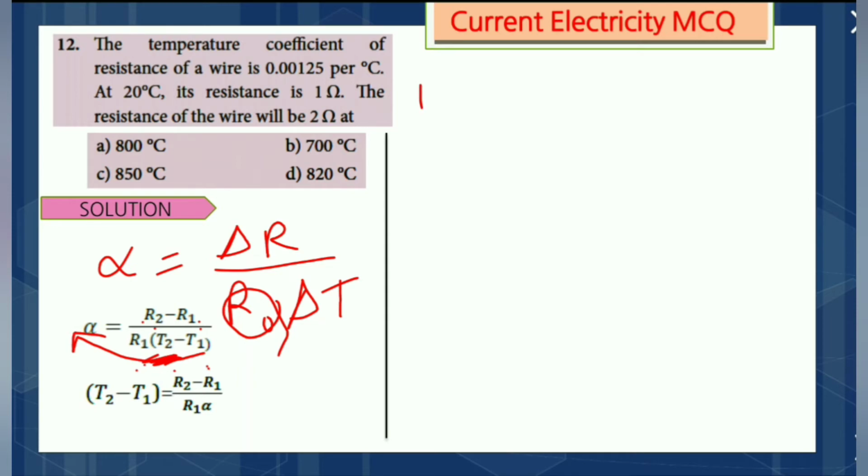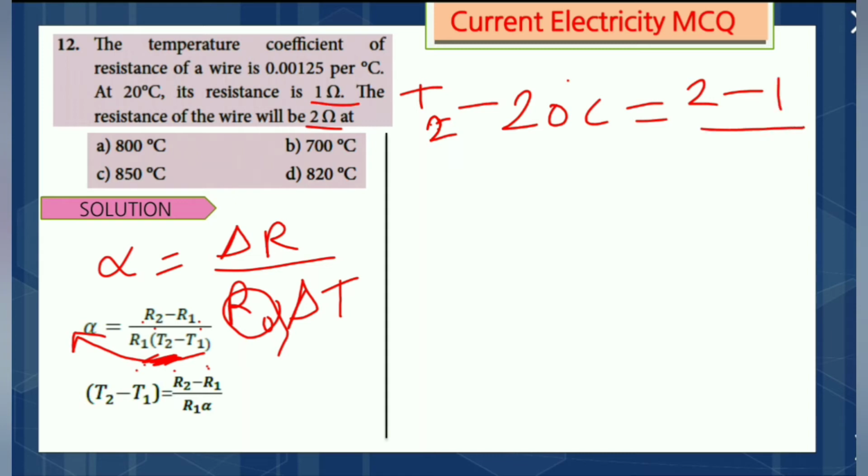T2 minus T1, which is 20 degree Celsius, is equal to R2, which is 2 ohm, minus R1, which is 1 ohm, divided by R1, 1 ohm, into alpha.